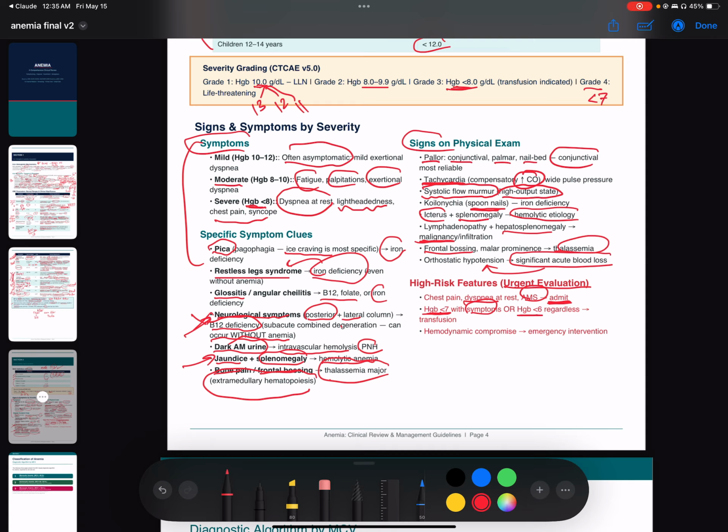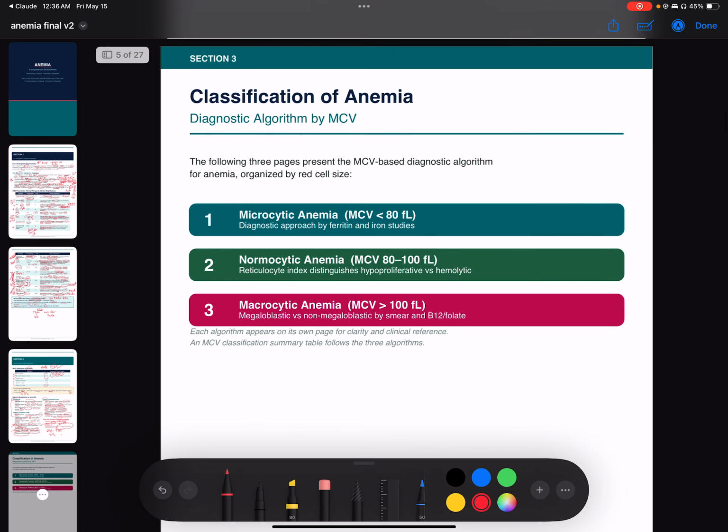Anyone with hemoglobin below 6 has to get transfusion. And if there's hemodynamic compromise, which means low blood pressure, high heart rate, or decreased oxygen saturation along with the anemia, that also needs emergency intervention because they can be in hypovolemic shock, right?